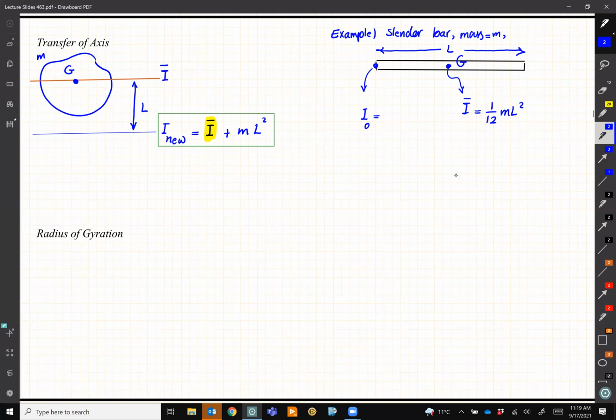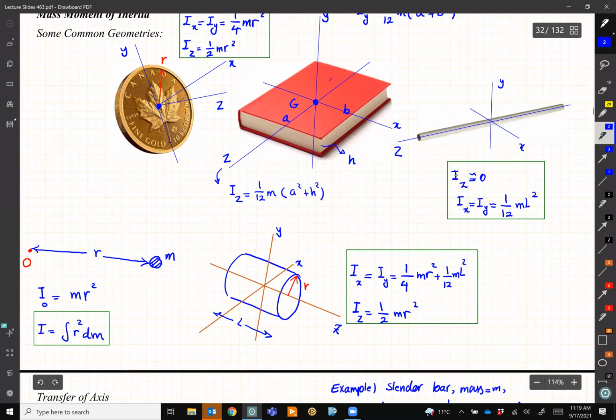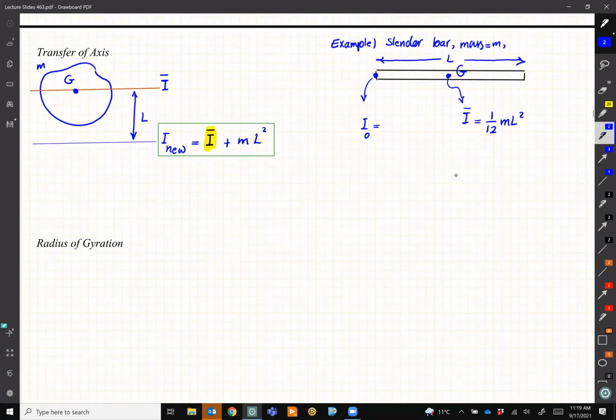And remember, mass moment of inertia is not about a point. For simplicity, we say about this point or about that point. Always it's about an axis, right? Remember what we had here? I draw axis X, Y, and Z. Now, for this slender bar, the axis that I'm referring to is normal to the screen, coming out of the screen, but for simplicity, we just talk about it as a point.